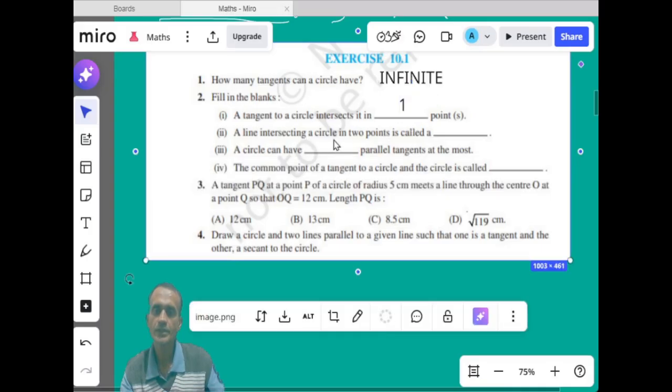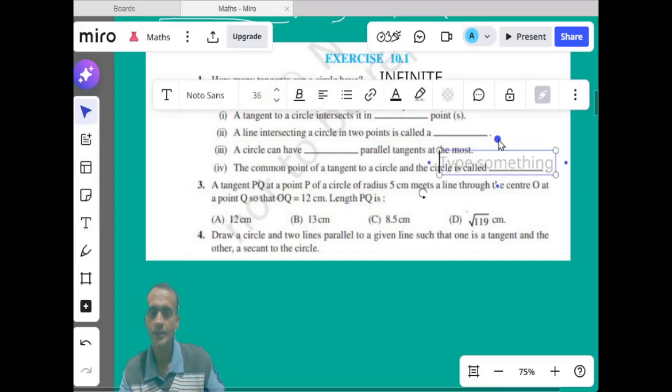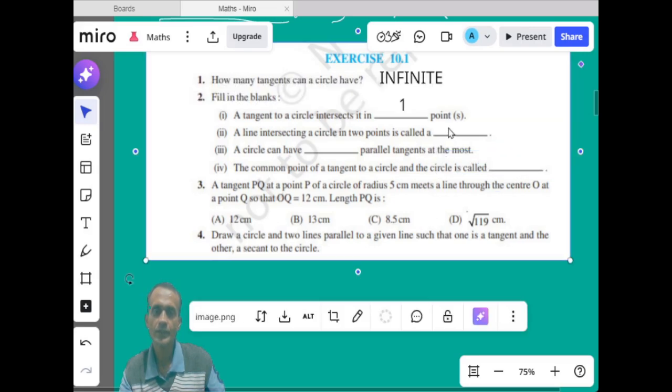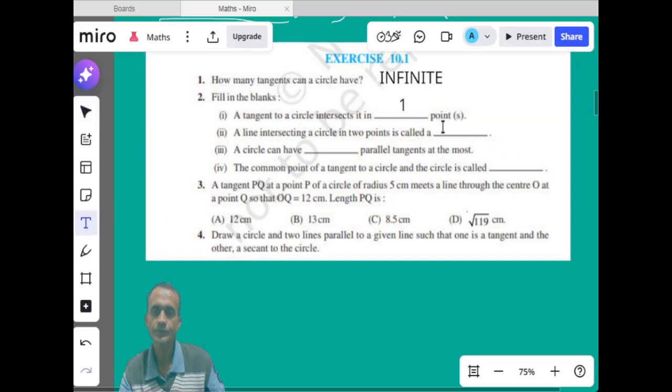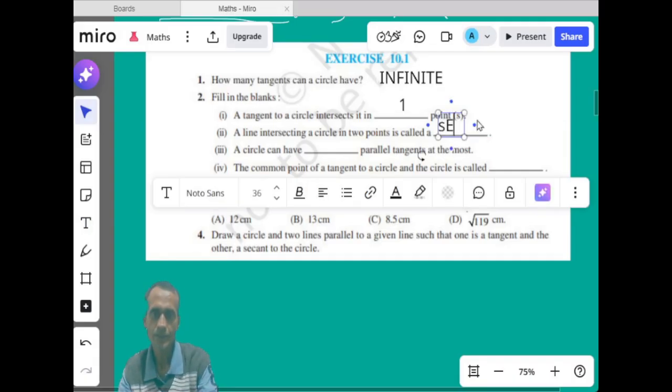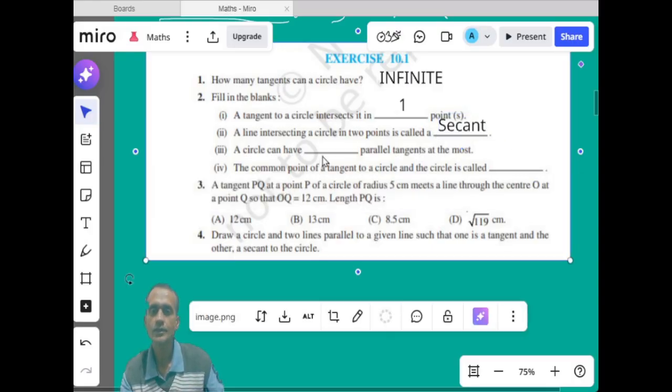A line intersecting a circle in 2 points is called a secant, because if it intersects at one point, then it is called a tangent. And if a line intersects at 2 points on a circle, then it is called a secant. A circle can have parallel tangents at most.